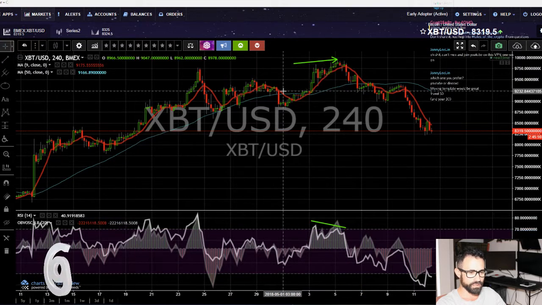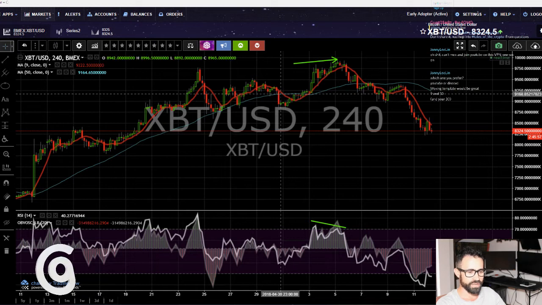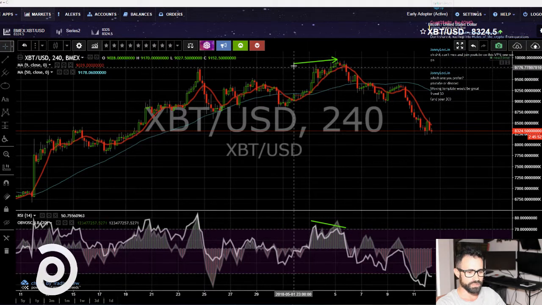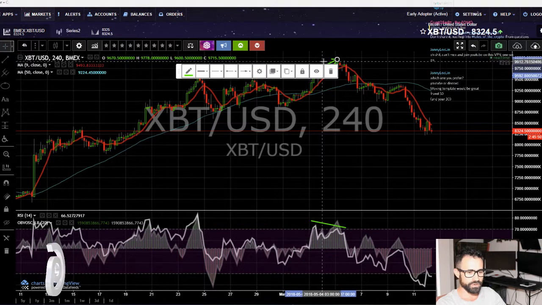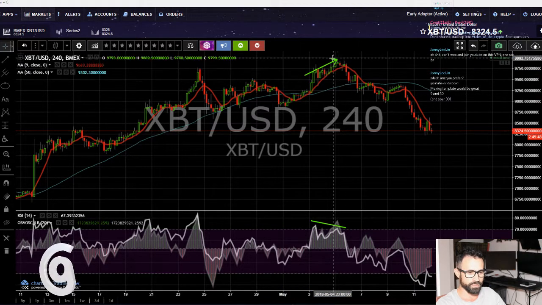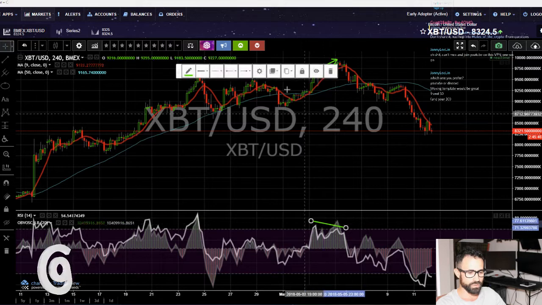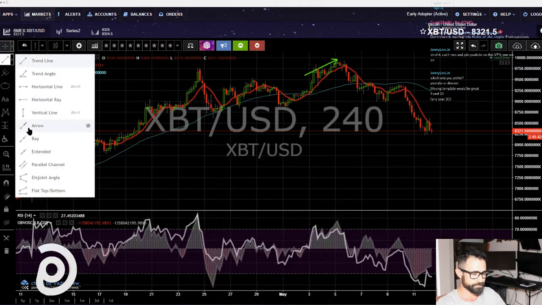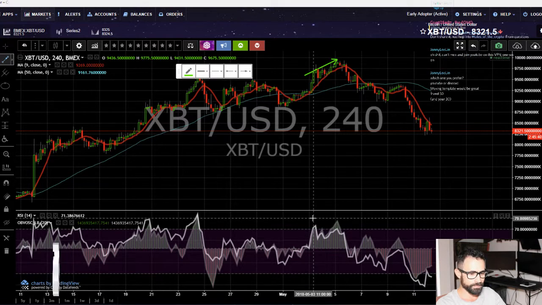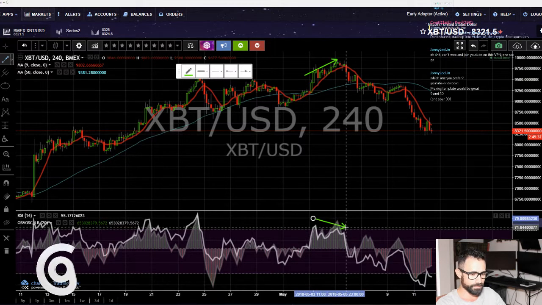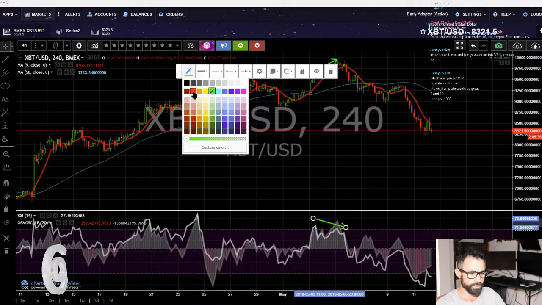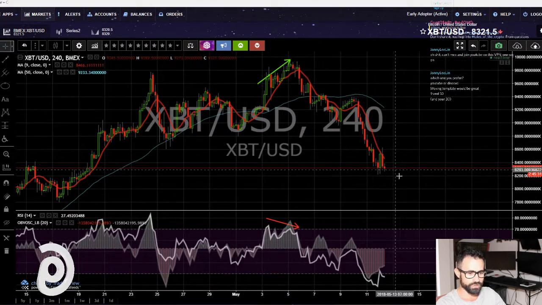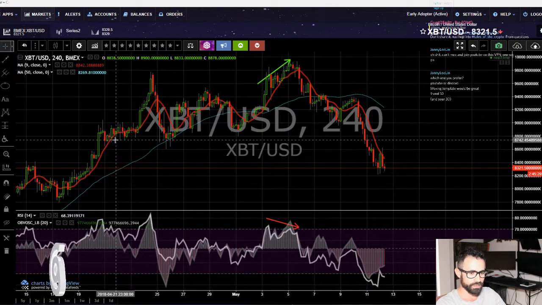This bearish fake out was followed by a bearish divergence, where we've got a higher high on the price and a lower high on the RSI. Let me make this one red. And then into a break to the downside.